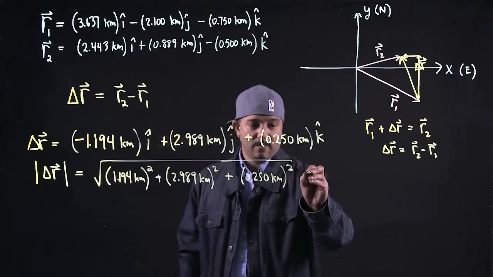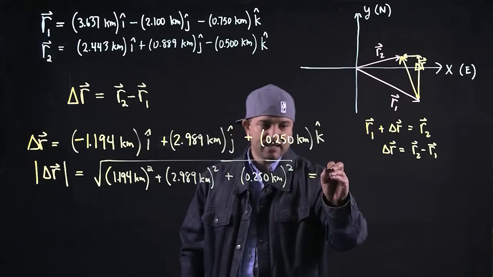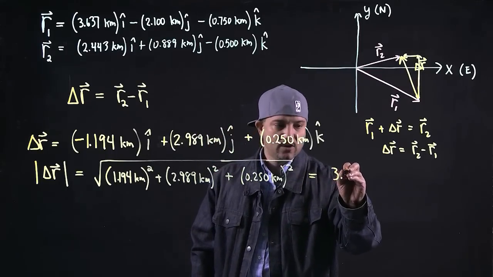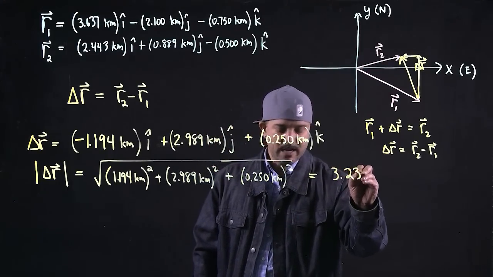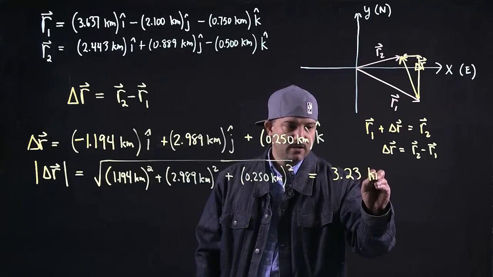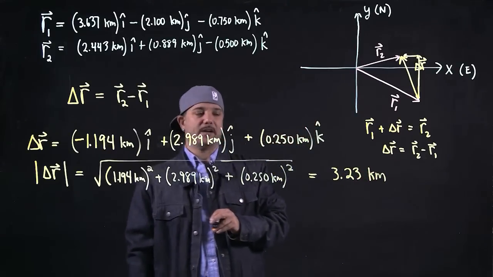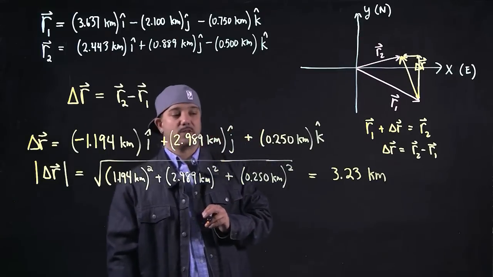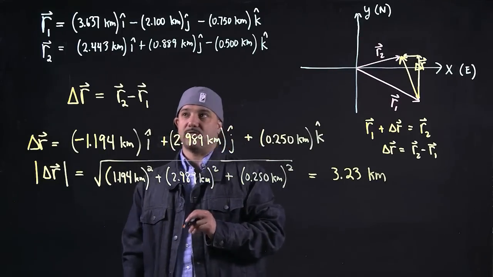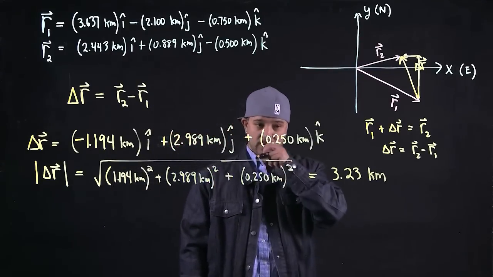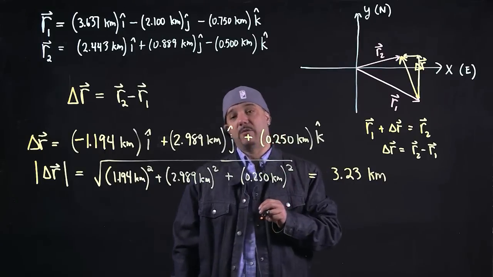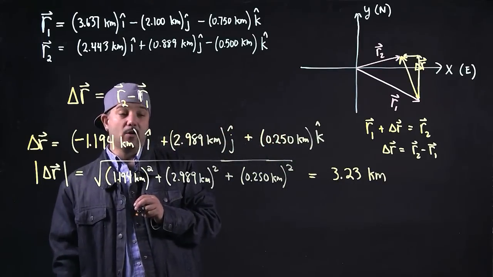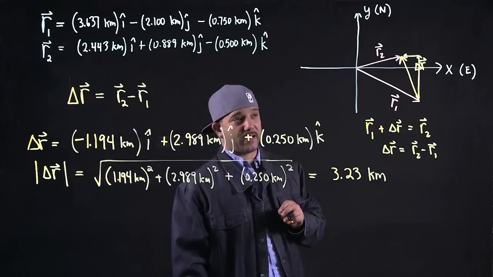And when we do all of that, we get a distance of 3.23 kilometers. So in that time interval, our whale has moved 3.23 kilometers from position 1 to position 2. The final thing we want to do is calculate the angle of our displacement vector.